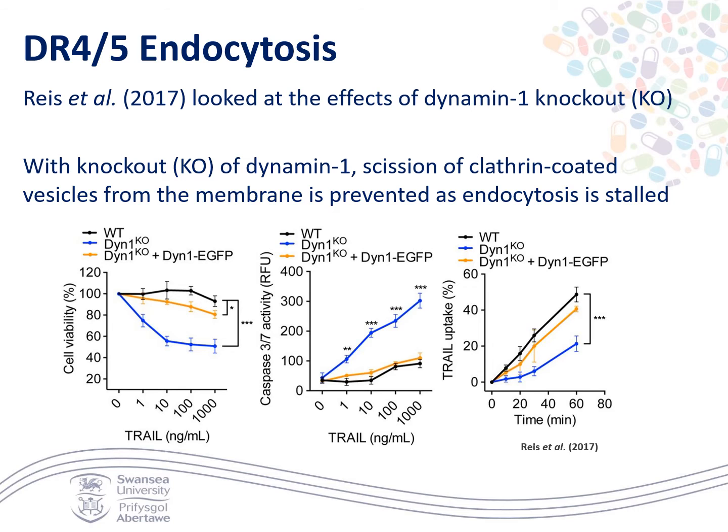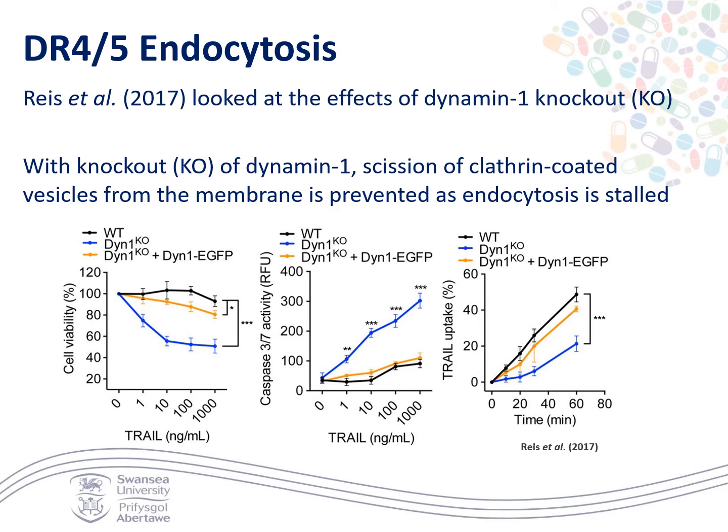And with knockout of dynamin-1, scission of clathrin-coated vesicles from the membrane is obviously prevented because you do not have the cells being able to then either undergo this constriction of the cell membrane until you have a snapping of the membrane, or you don't have that elongation of dynamin to push the vesicle away from the cell membrane until you have that scission event.